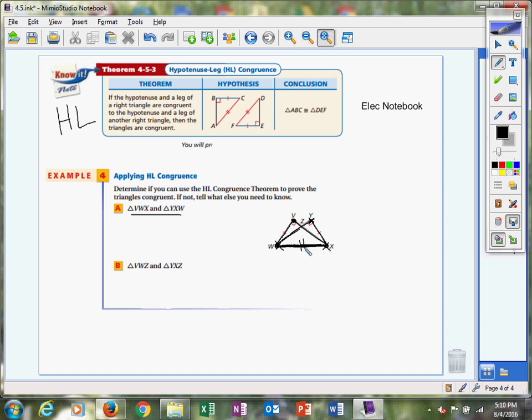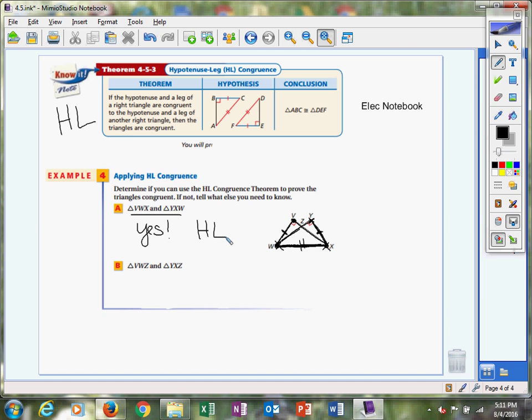Yes, we can prove beyond a shadow of a doubt that the hypotenuse and this leg that's marked with a little mark there, a hypotenuse and the leg in both of these triangles indeed match up, and we can use this. So this would be a yes right here. Yes, we can determine that HL can be used, and we did.